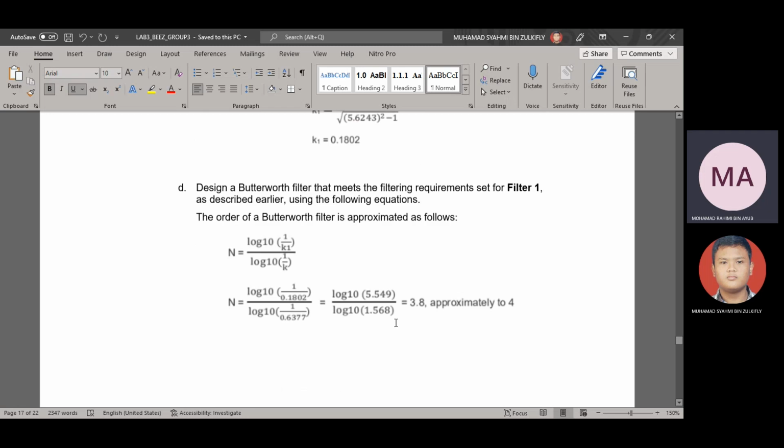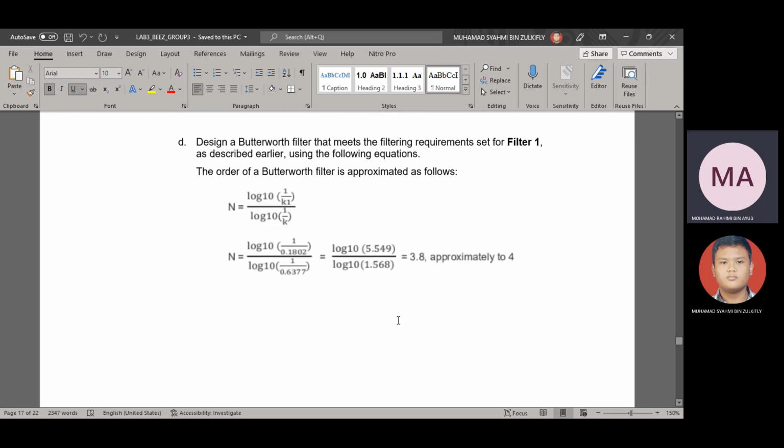Okay, for D, design a Butterworth filter that meets the filtering requirements set for filter 1 as described earlier using the following equation. The order of a Butterworth filter is approximated as follows.